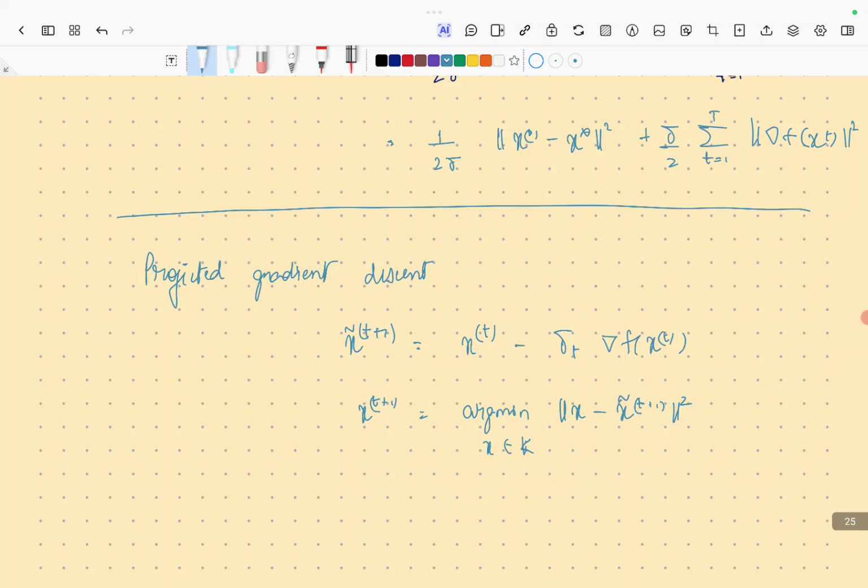For several classes of constraint sets, this can be solved fairly efficiently. For example, if your constraints are all quadratic, then this results in what is called a quadratically constrained quadratic program. There are algorithms which you can use.